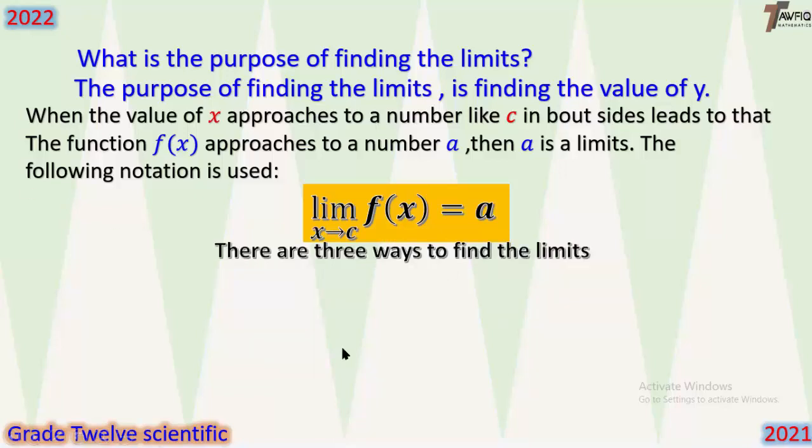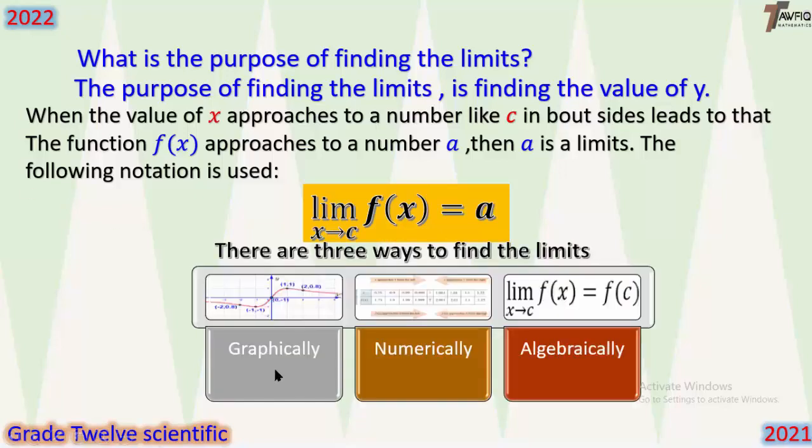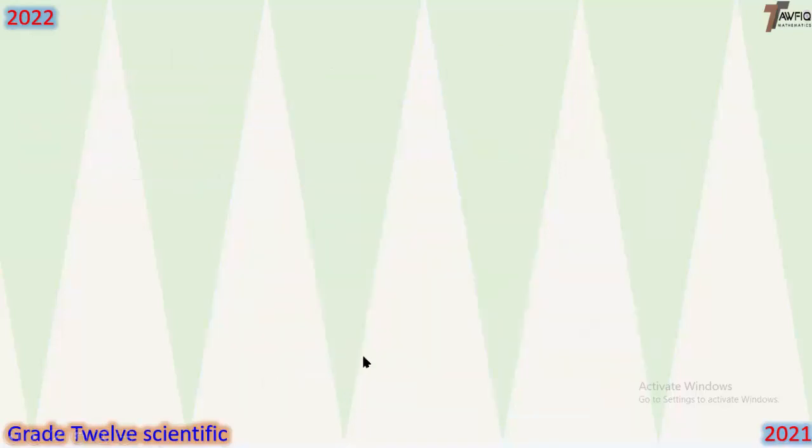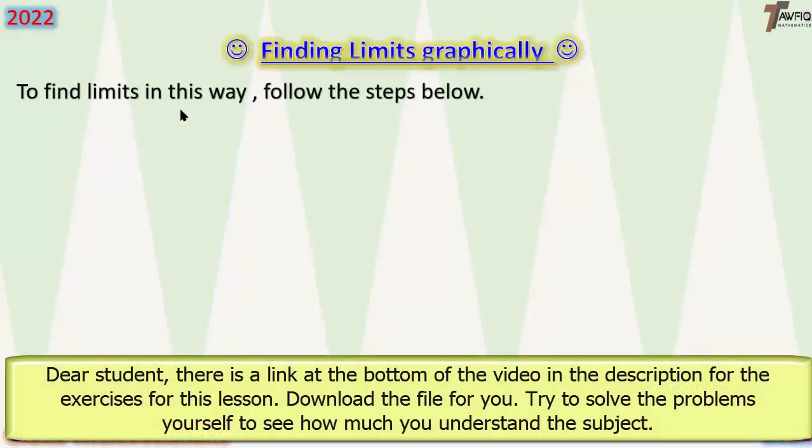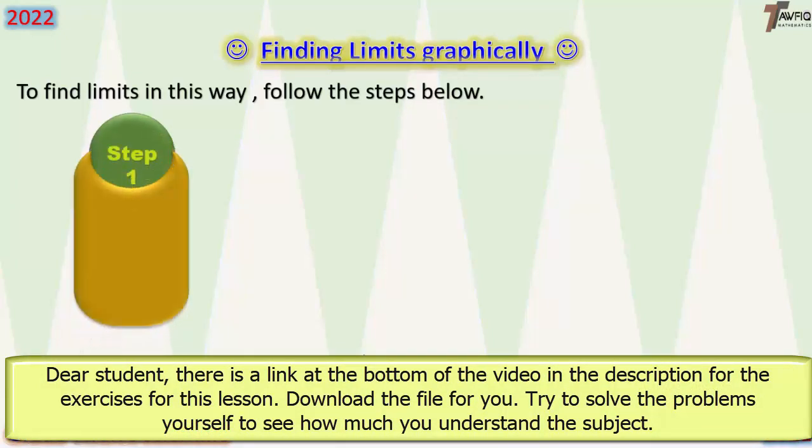There are three ways to find limits: graphically, numerically, and algebraically. The first one: let us take how we can find the limit graphically. To find limits in this way, follow these steps below. Step 1. Plot the graph of the function using points if the graph of the function is not given.